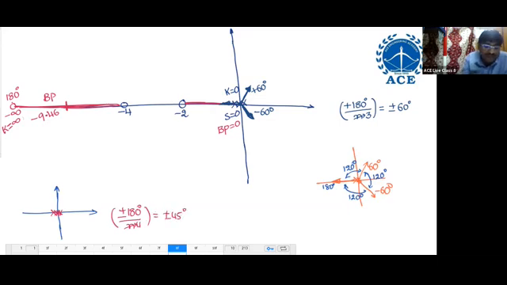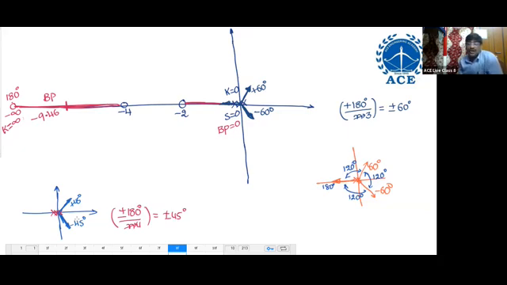So one pole with plus 45, like this. Another pole with minus 45, like this.